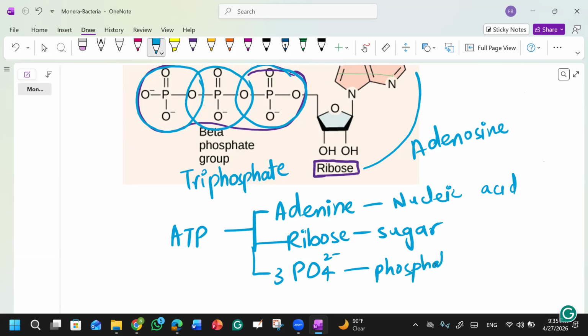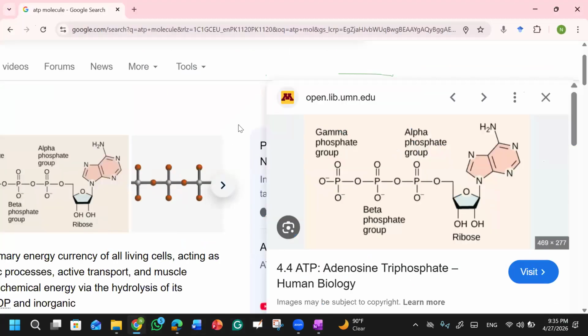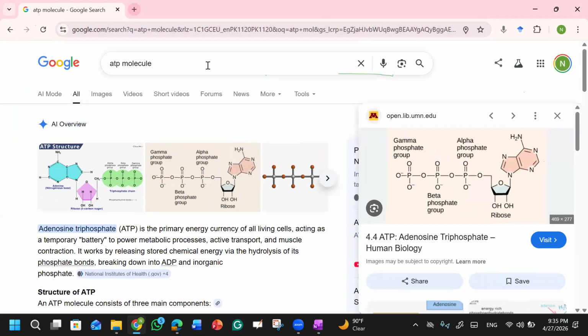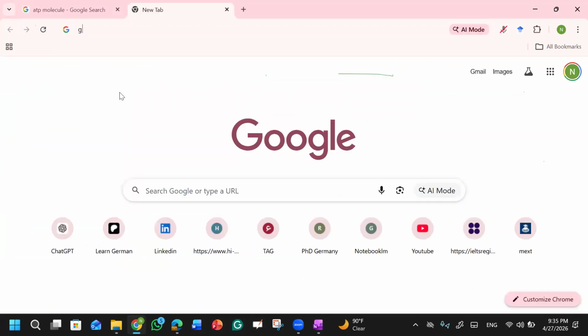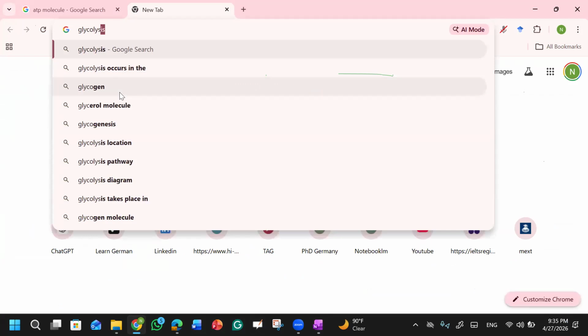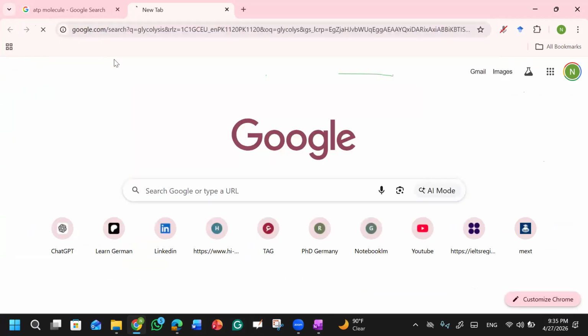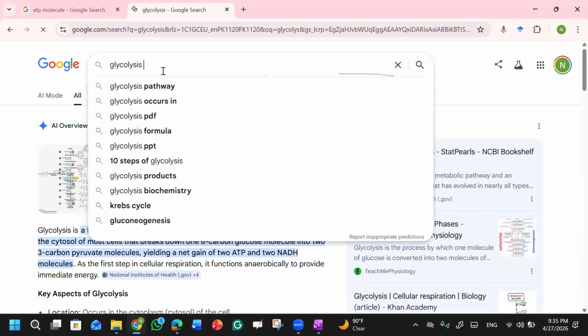Whenever you have a glucose molecule, one glucose will yield almost 34 to 36 ATP. Just for your information, I can show you how this happens, like glycolysis and ATP.